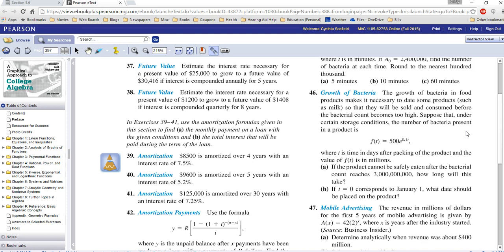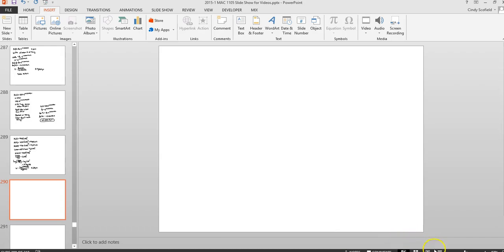If the product cannot be safely eaten after the bacterial count reaches 3 billion, so I'm looking at 3,000 million, how long will this take? If t equals 0 corresponds to January 1st, what date should be placed on the product? All right, so let's tackle part A first, of course.